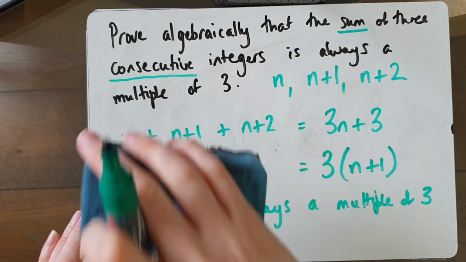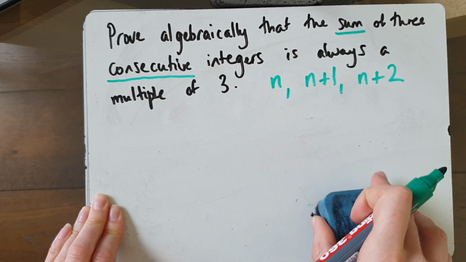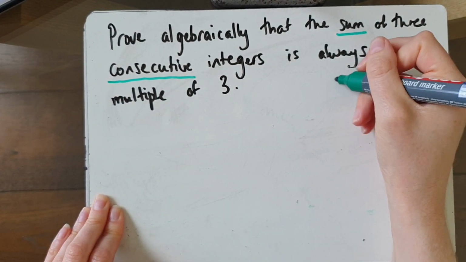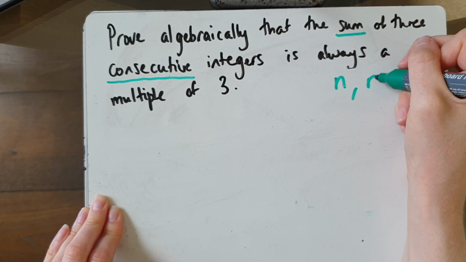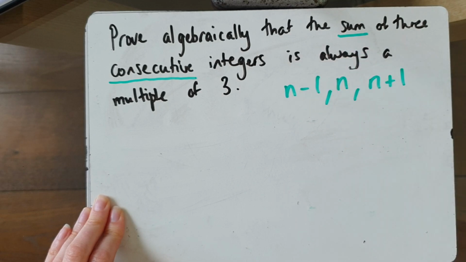You might have noticed that here for the 3 consecutive integers, we could have had n, and then to its right n plus 1, but to its left n minus 1.